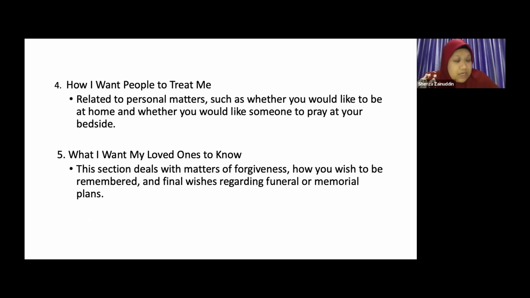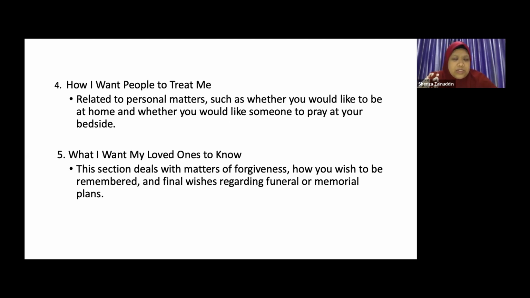So the number 4 question would be, how would I want people to treat me? This relates to personal matters to the patient, such as, like I said, whether they want to be at home, want someone to be beside them all the time. Would they want any spiritual leaders to be around them, to pray with them?